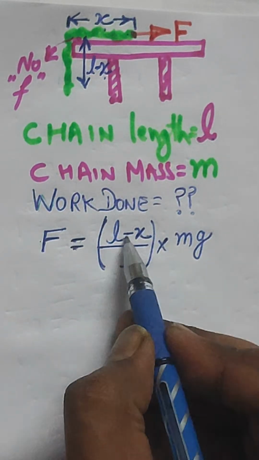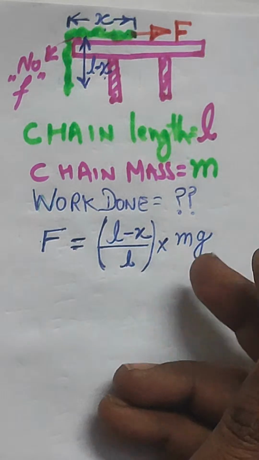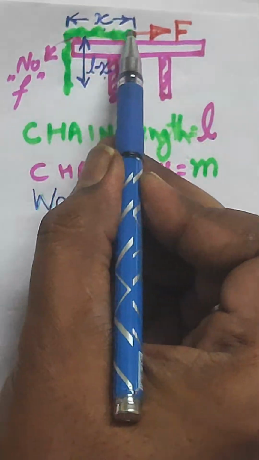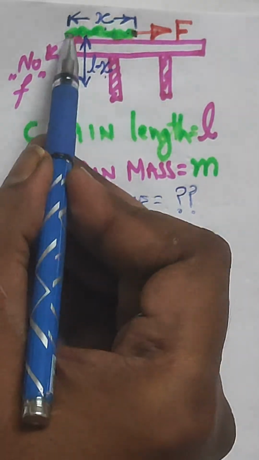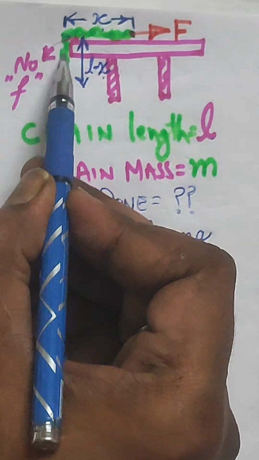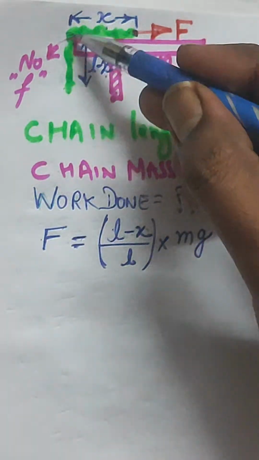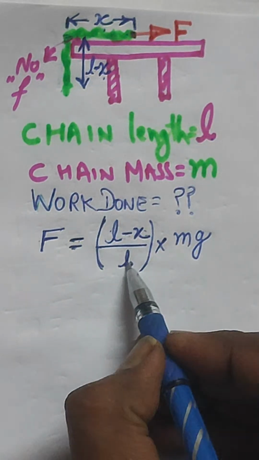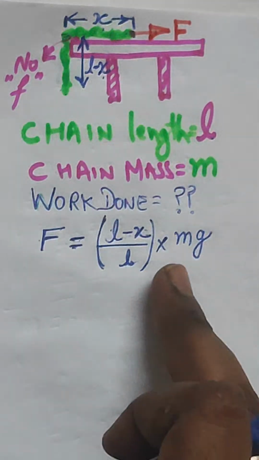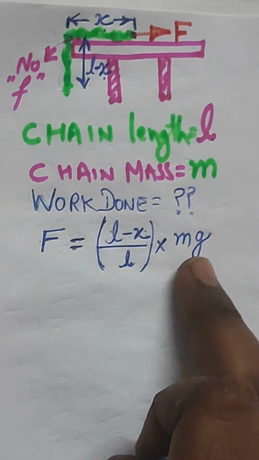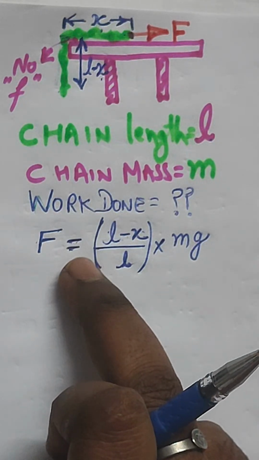The section of the chain lying on the table will not contribute its weight, but L minus x which is hanging, divided by L, is the fraction of the weight of the chain which is hanging. This ratio multiplied by the weight will give you that equivalent force, right?